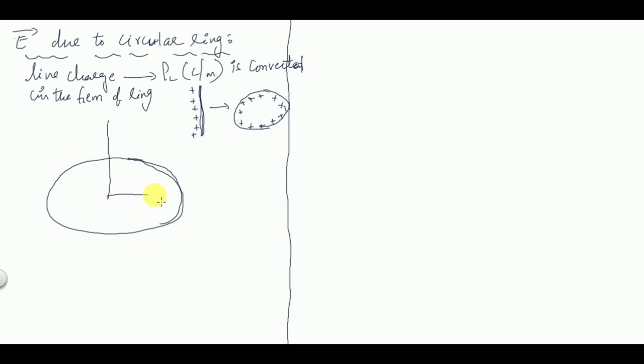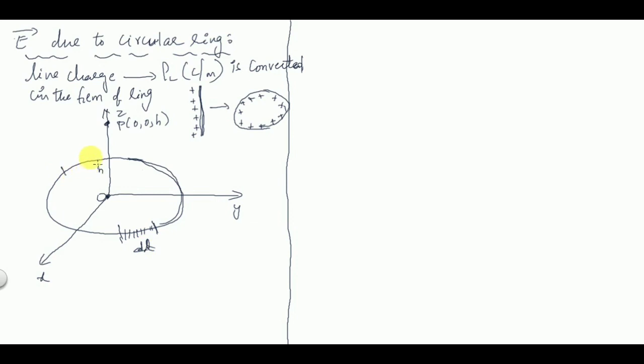Next I am drawing the coordinate system, this is X, Y and Z. This is the point of interest P, (0, 0, H), that is, it is existing at a distance of H from the origin. I am considering a small differential length dl.